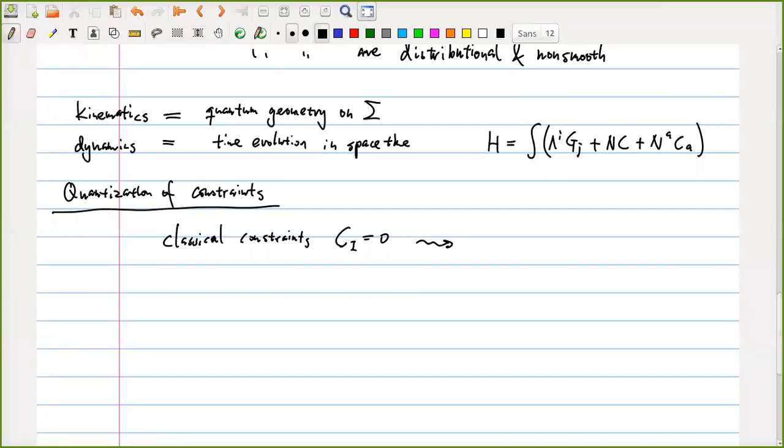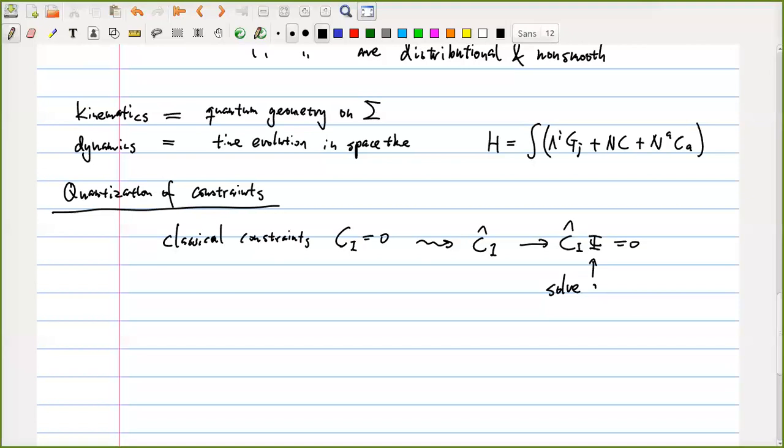And then we are going to promote these constraints to operators. We are going to quantize this constraint and write it as an operator on our Hilbert space. And then we are going to impose the quantum constraint, C_I hat psi equals 0. In principle, the procedure is that we solve those quantum constraints and obtain the solution space psi.